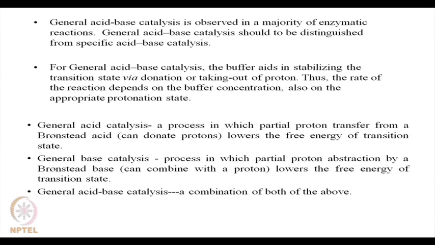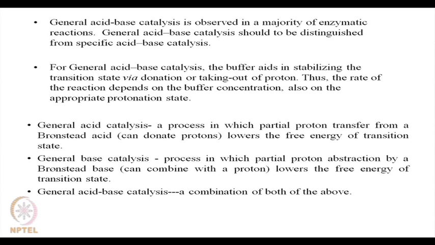General acid catalysis is a process in which partial proton transfer from a Bronsted acid, which can donate protons, lowers the free energy of the transition state. General base catalysis is a process in which partial proton abstraction by a Bronsted base, that is, one which can combine with a proton, lowers the free energy of the transition state.